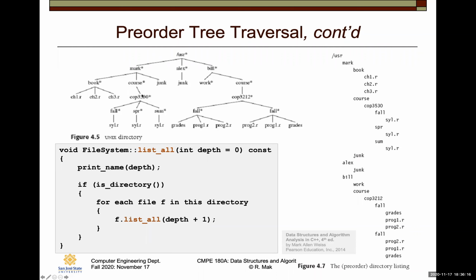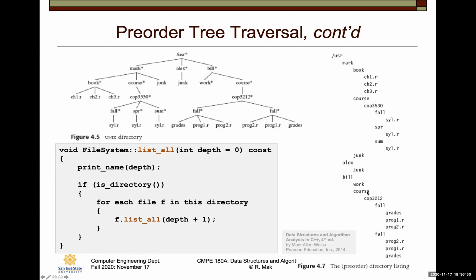Now we're done with the children of COP 3530, which means we're also done with the children of course. And then we go back up and visit the remaining child of Mark, and that's junk. So we write out junk. And junk has no children, so then we're done with Mark, and we go back up to here, and we have to visit the next child, which is Alex, and so forth.